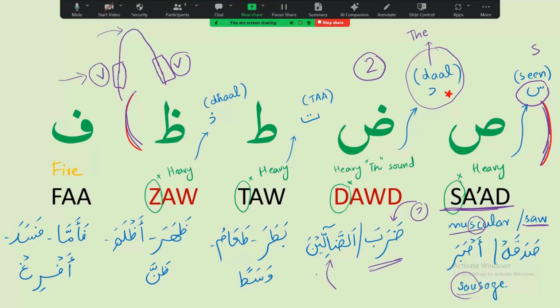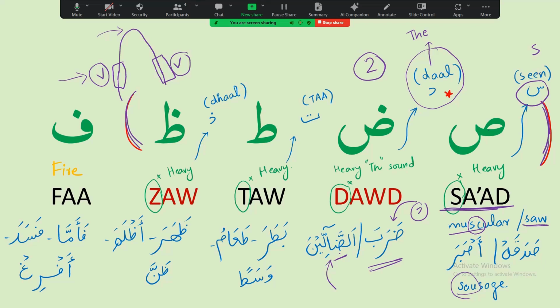This word comes at the end, and it has the dad letter, which makes the sound الضالين. We do not say da. We say ض. So the dal sound is da, di, do, and the dad sound is ض, di, do. Is this clear, sisters?